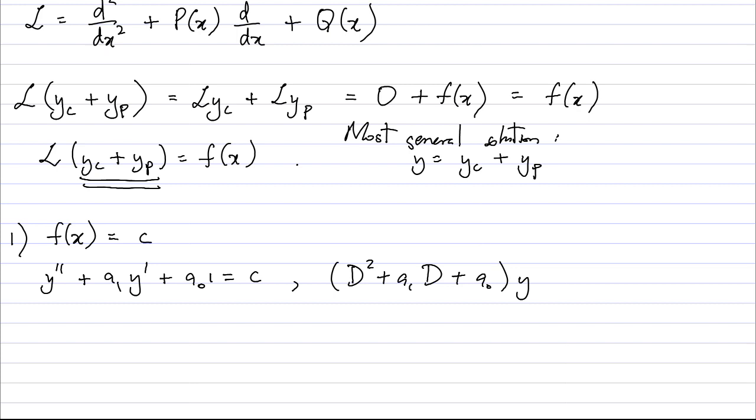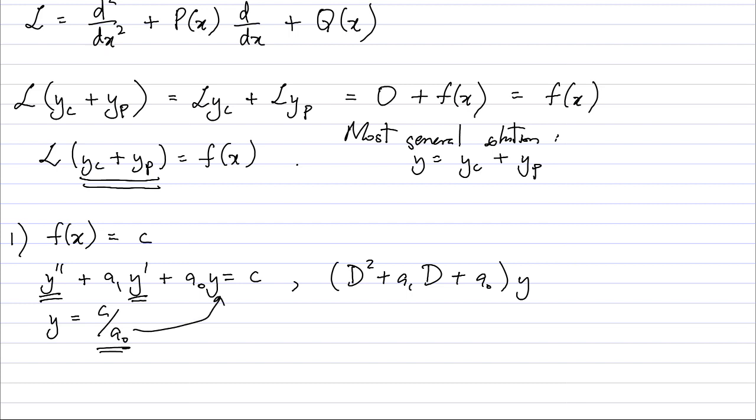So you can very easily guess the solution. The solution is simply c over a naught. Why? Because c is a constant and a naught is a constant, so the double derivative is going to be 0. This thing is going to be 0 as well, and y of course is c over a naught, so when you plug this in you will be left with c.